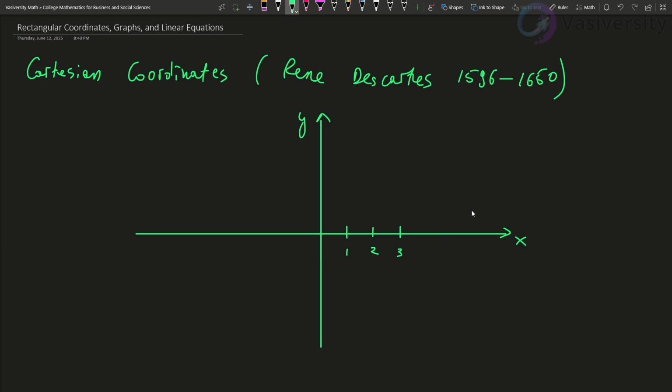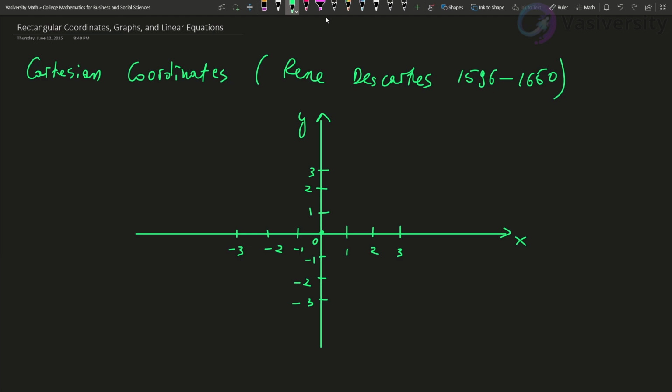This is positive. Then 1, 2, 3. This is positive. Right at the very center, we got 0. And then to the left, we have -1, -2, -3. And on the bottom, we also have -1, -2, -3.